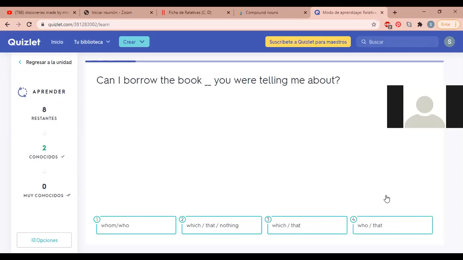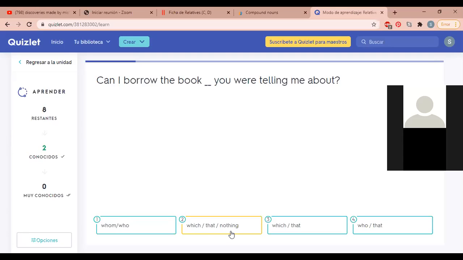You're right. Thank you, Ronnie. Let's move. Wilson. Wake up, Wilson, wake up. Help me with this one, please. Can I borrow the book you were telling me about? Which one would you choose? Tenemos whom or who. Tenemos which, that o ningún otro relative pronoun.